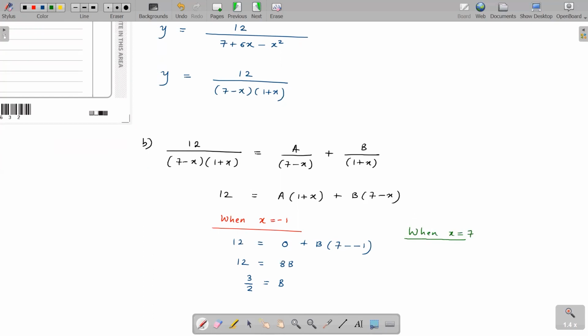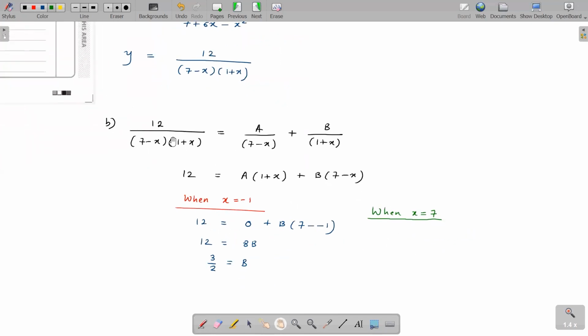You could compare coefficients, or use any other x value here. Since we found one, the other could be found by inputting any x value. So 12 equals a times (1 plus 7). b times (7 minus 7) is actually a 0. So a equals 12 divided by 8, which gives me again 3 over 2.